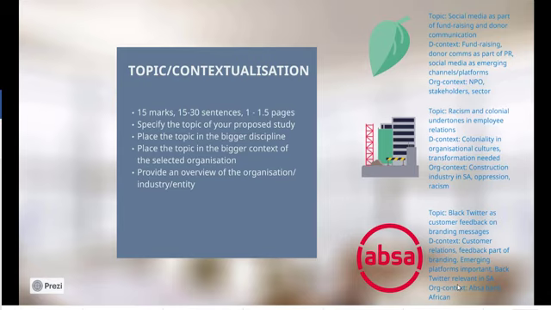The organizational context can be Absa background, Absa setting, the financial services industry, the African setting of financing and banking institutions, to give that organizational context there.